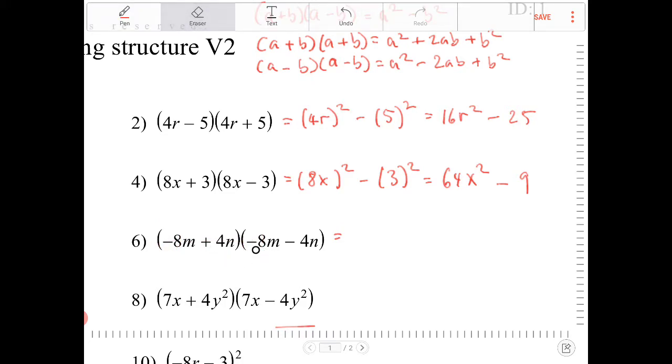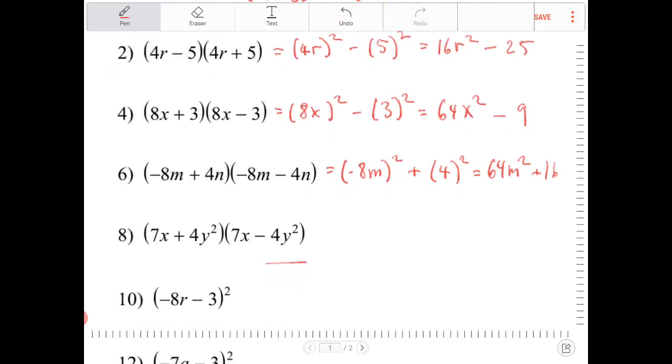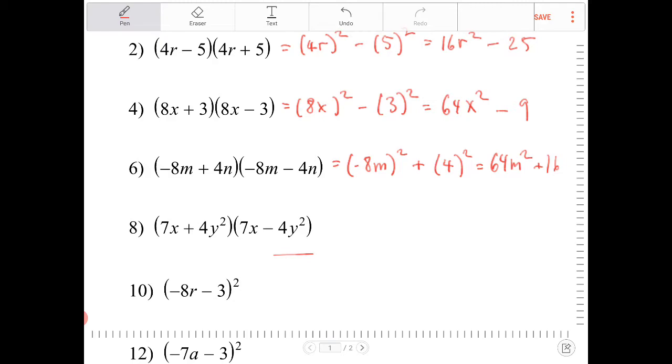So this is going to be negative 8m squared plus 4 squared, and that is going to be 64m squared plus 16.